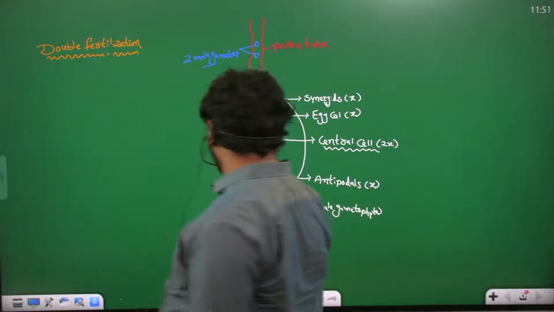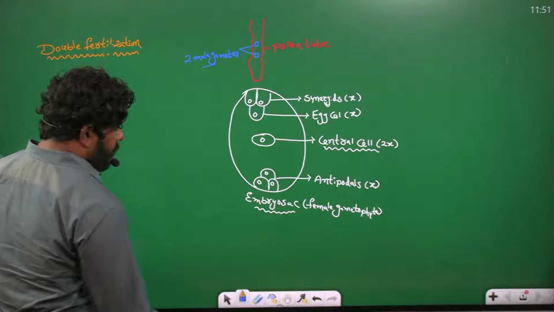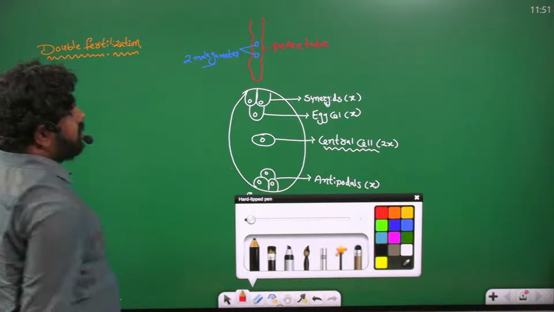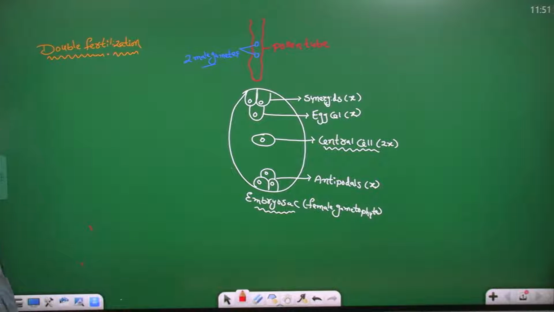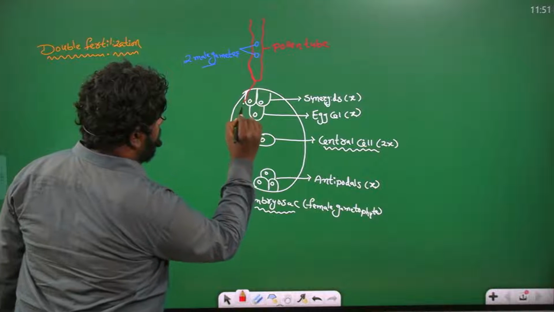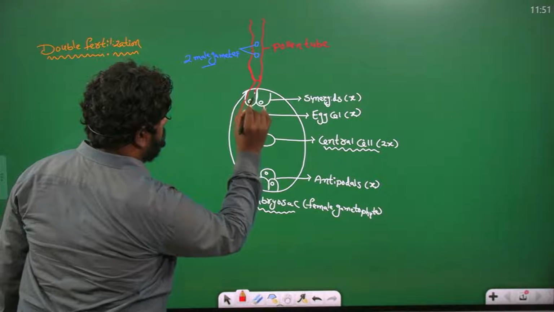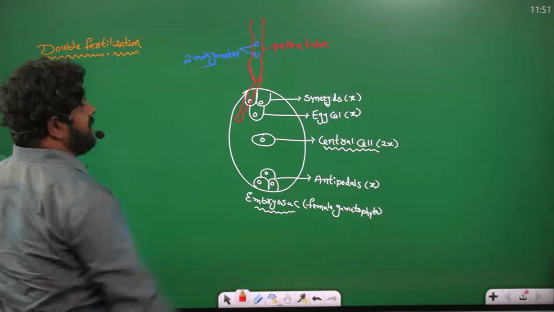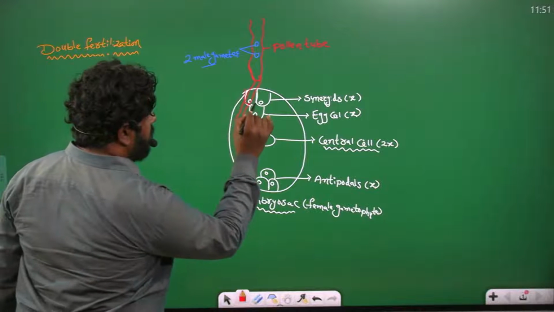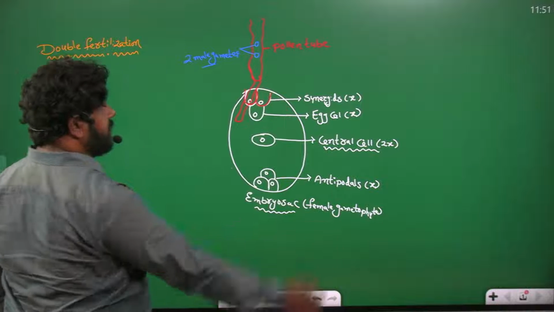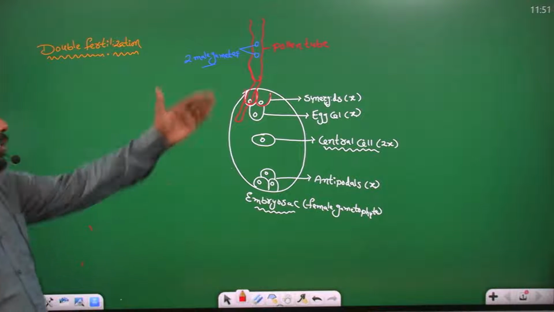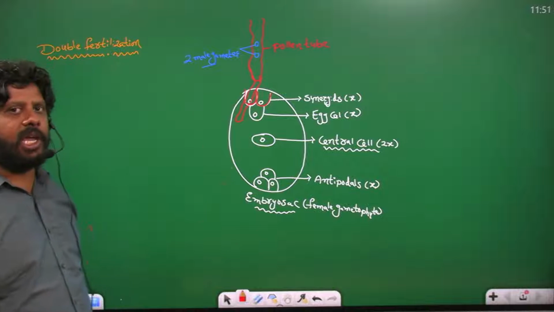It is very clear. During the process of fertilization, this pollen tube enters the embryo sac through one of the 2 synergids. For example, this is one synergid and this is the other. Through one of the synergids, the pollen tube opens into the embryo sac.